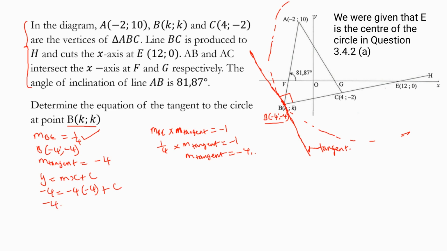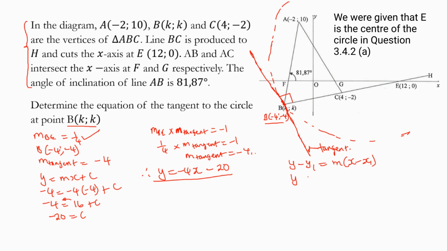This is negative 4 is equal to 16 plus c, then transpose becomes negative 20 is equal to c. Therefore, the equation of the tangent is y is equal to negative 4x minus 20. Okay, done.